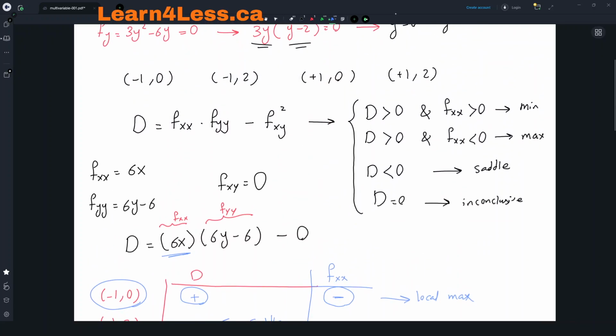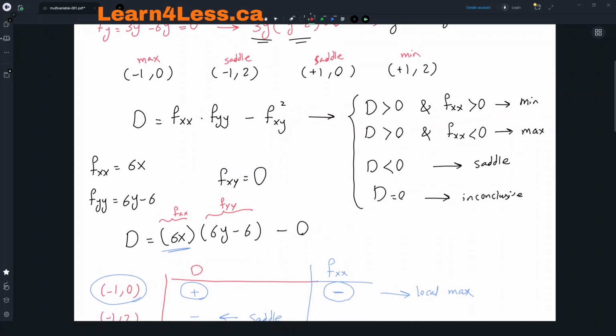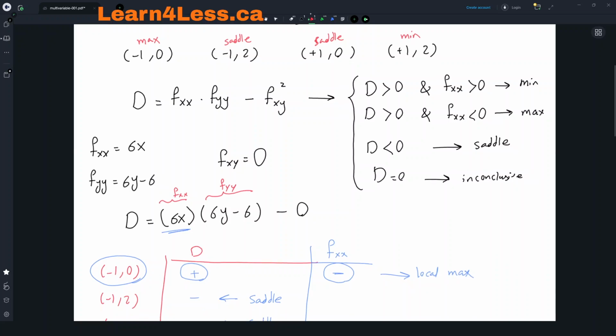So I can just say that here I have max, saddle, saddle, and min. So these are basically the classifications of these critical points.